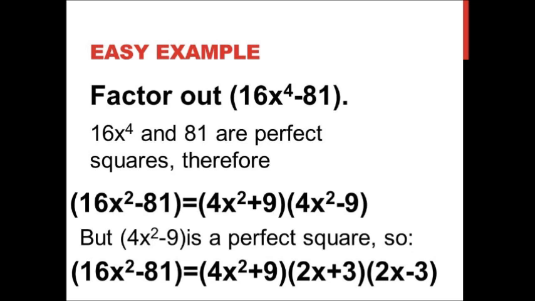But wait, look at this second factor. The second factor is the quantity 4x squared minus 9. 4x squared and negative 9 can still be factored under the difference of two squares formula. So if you apply it, the final answer will be 4x squared plus 9 times the quantity 2x plus 3 times the quantity 2x minus 3.